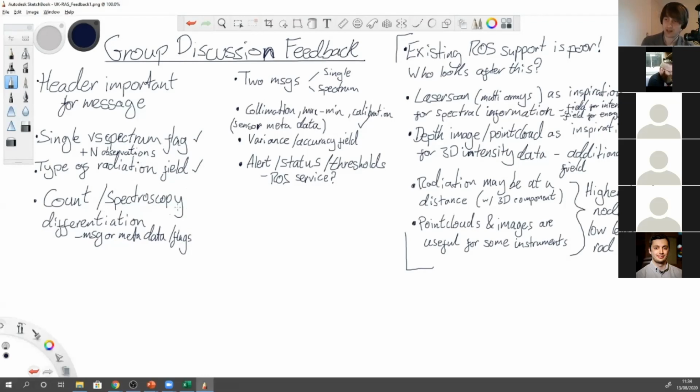Interestingly, no one really mentioned splitting messages based on units. It seemed to be more about the format of the data: is it a single measurement or a spectral measurement? I wasn't expecting that. So that is something I would like to discuss further, if people want to be part of a further conversation.